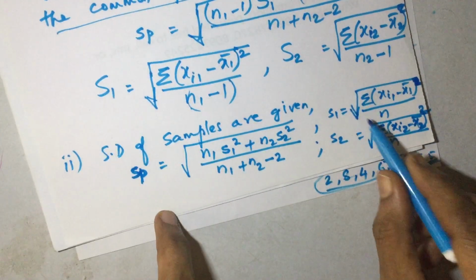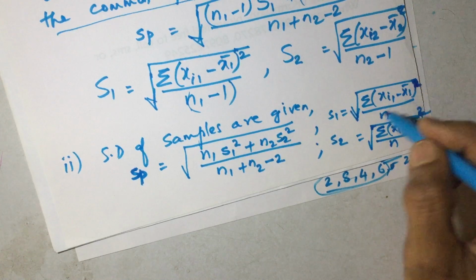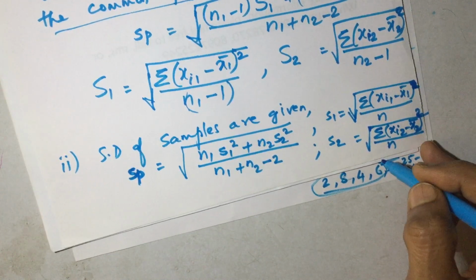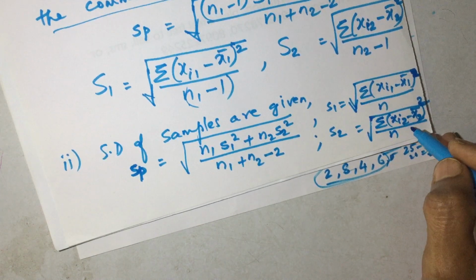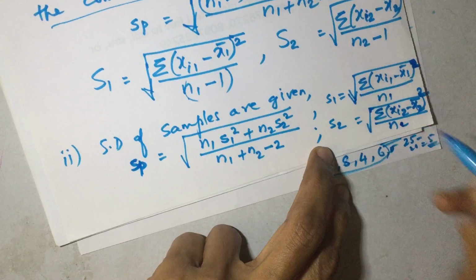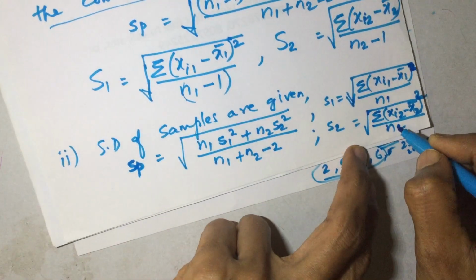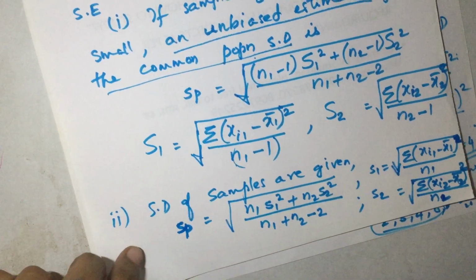So S1 is under root of summation of xi minus x1 bar the whole square, then S2 is under root of summation xi2 minus x2 bar the whole square divided by n2. Okay, so when the standard deviations of samples are given, then SP is this one.